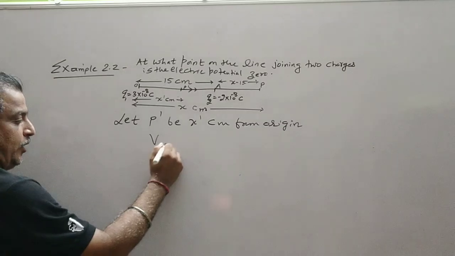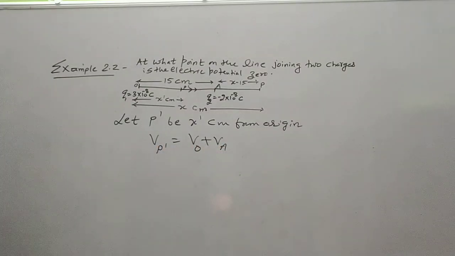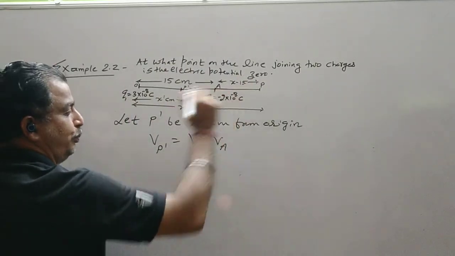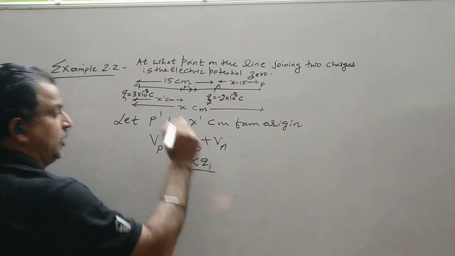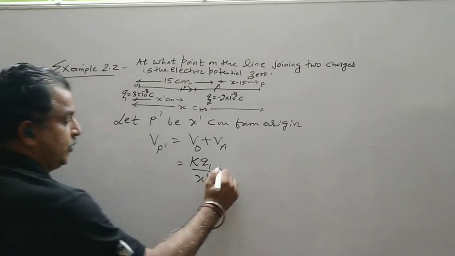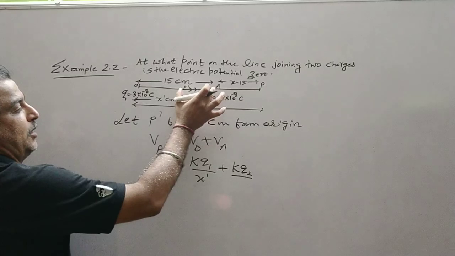Then Vp dash is again Vq1 plus Vq2, the potential at P dash due to Q1 and the potential at P dash due to Q2. So this is again K times source upon the distance between test and source, that is X dash, plus K times source upon this distance.